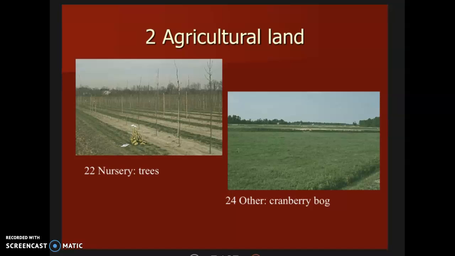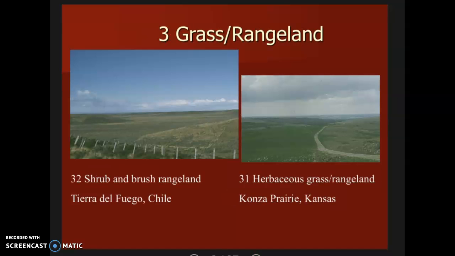Okay, let's move on to number 3. Level 1, classification 3, is grass or rangeland, and then the level 2 are things like 32 would be shrub and brush rangeland. 31 might be herbaceous grass and rangeland. And some of these I won't ask you to do because you don't have the background or enough information to determine these. And this is where it gets hairy.